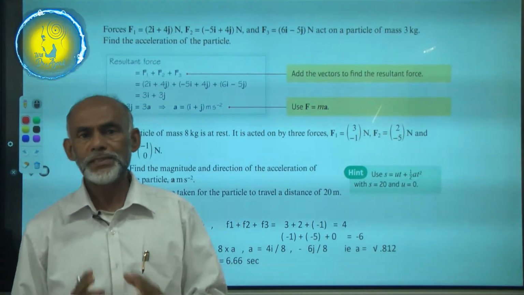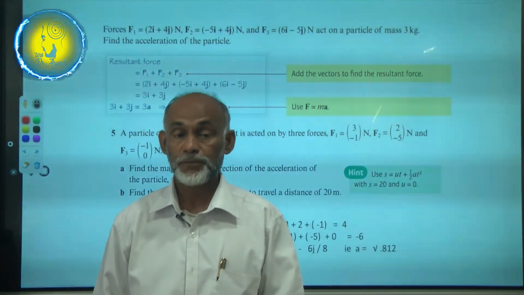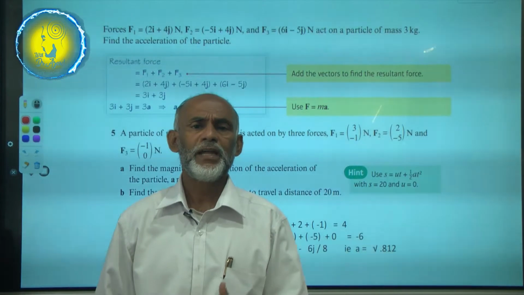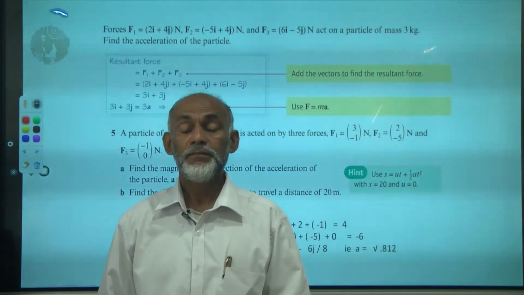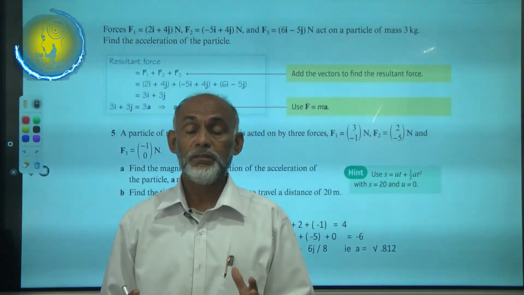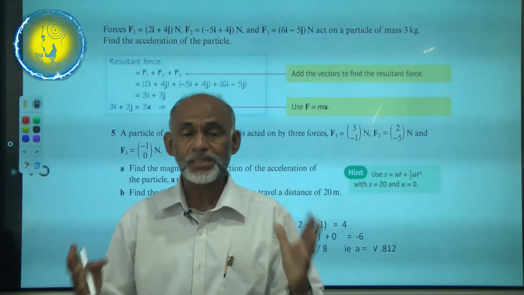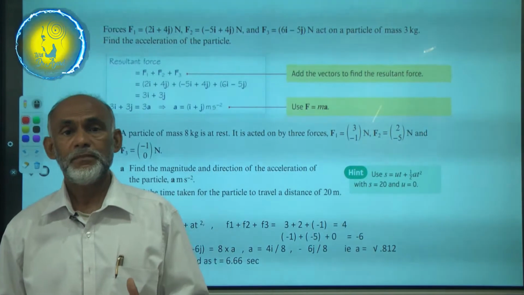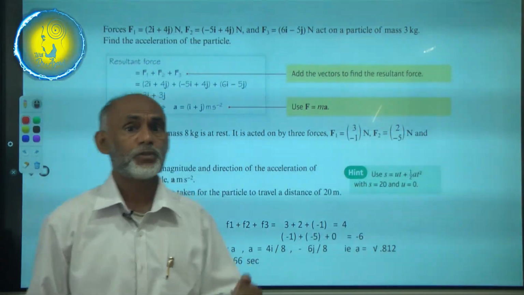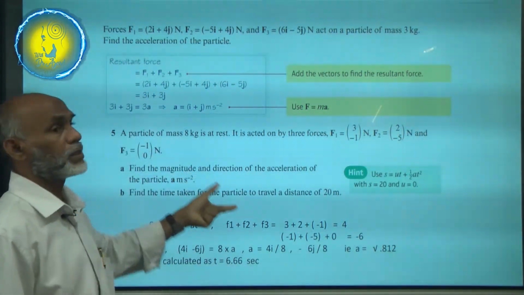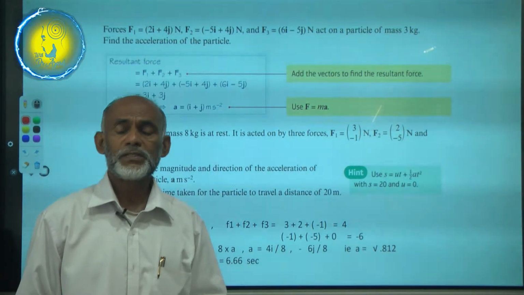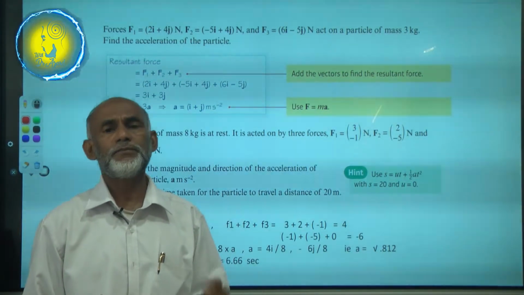Now this is the end of session 1, chapter 4. So I will brief what we have done today. We introduced a force diagram. The students should know how to sketch a force diagram and know whether to use Newton's first law of motion or second law.